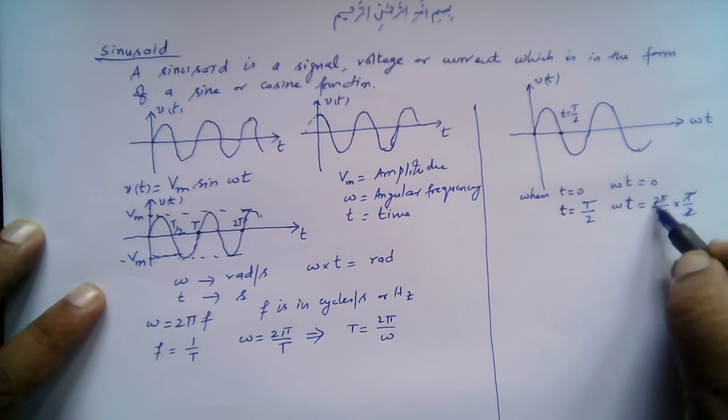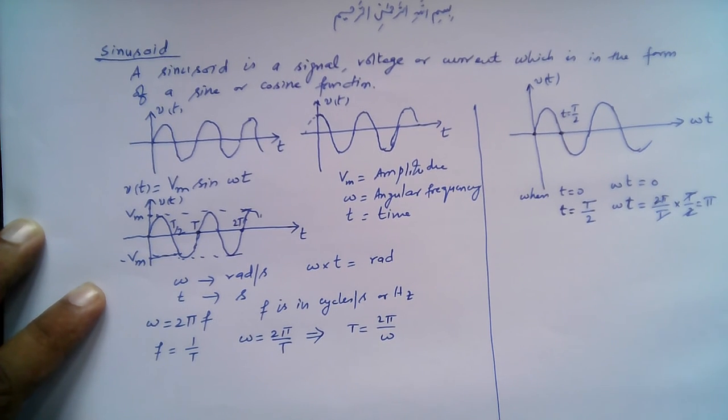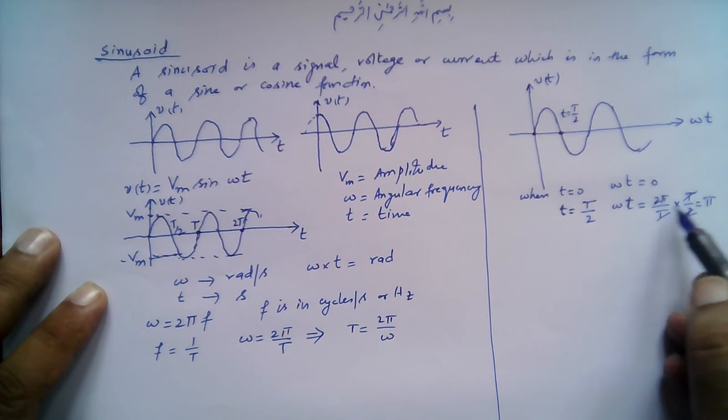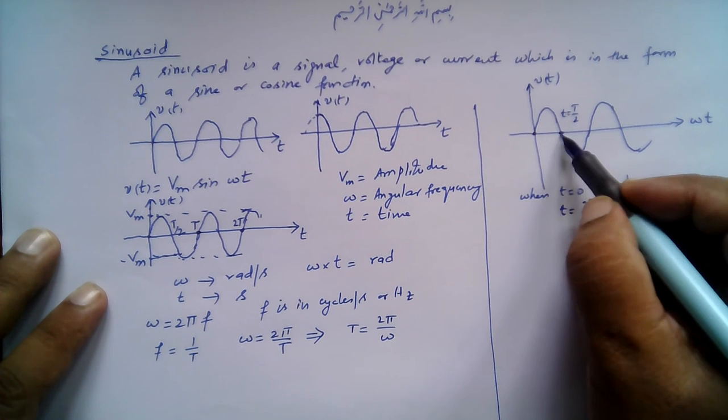That is just pi. So omega t is equal to pi here.